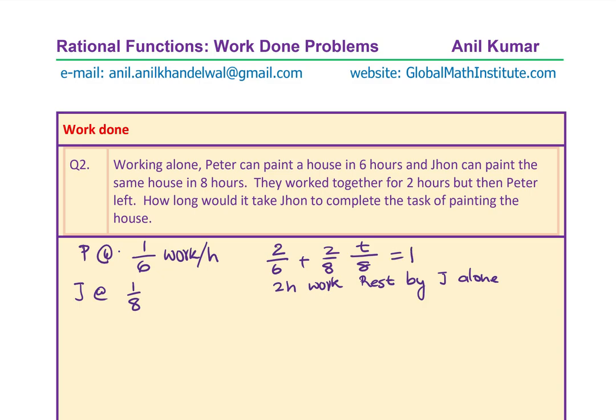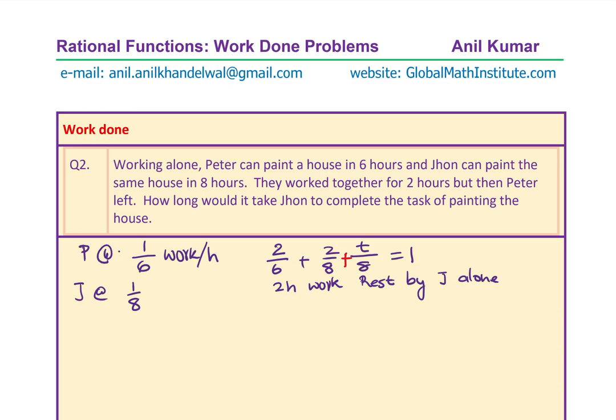You get the idea. So we get a very simple equation: 2 over 6 plus 2 over 8 plus, let me separate this out, John alone takes T hours to complete, so T over 8 equals 1. Does it make sense to you?